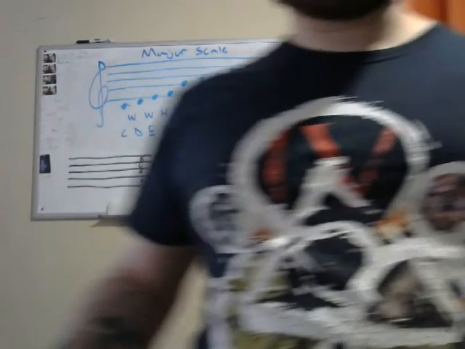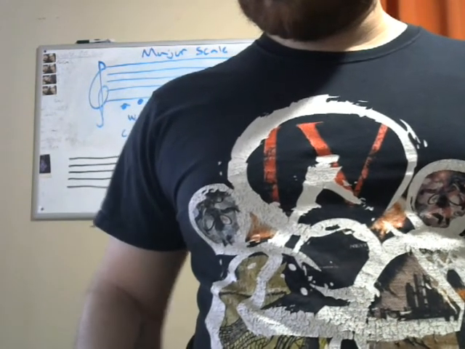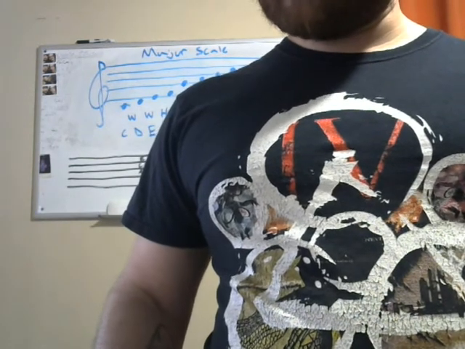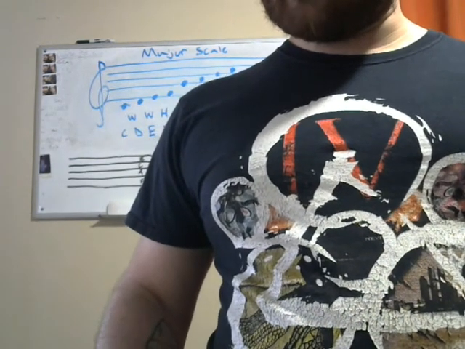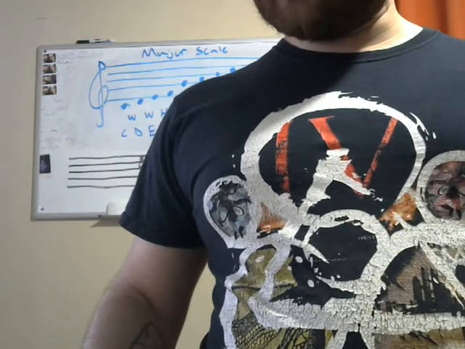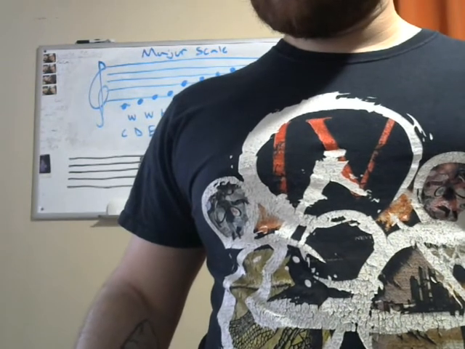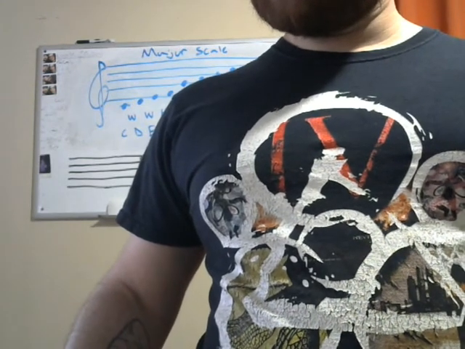So here, this is what G sounds like. G to A, whole step. A to B, whole step. B to C, half step. C to D, whole step. D to E, whole step.